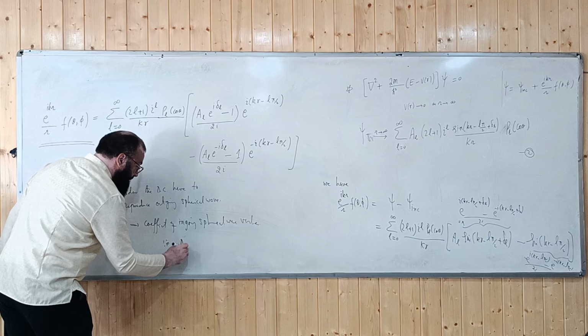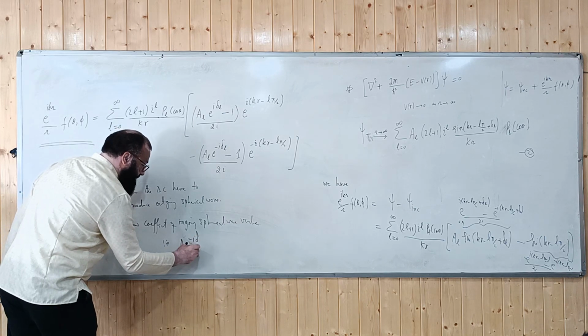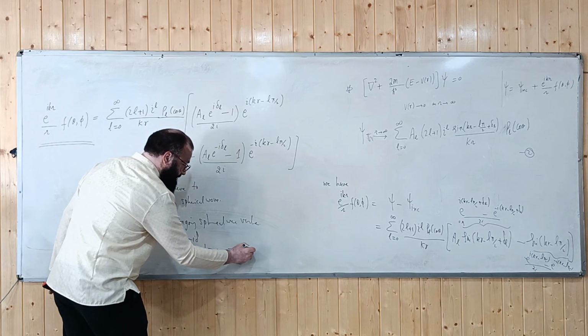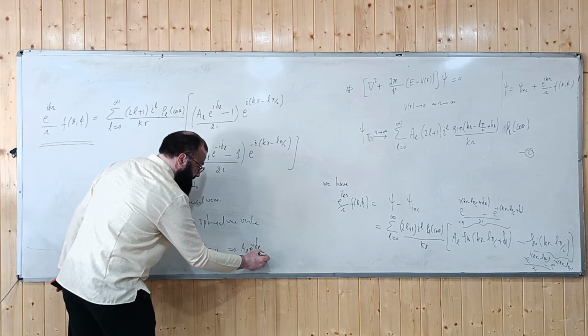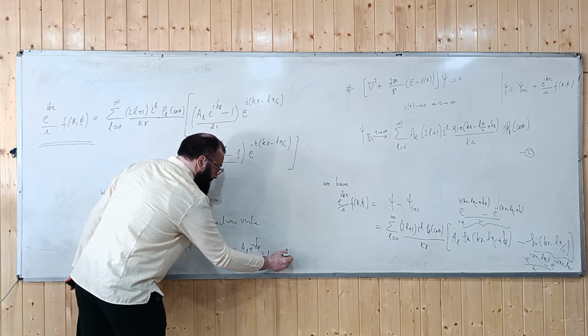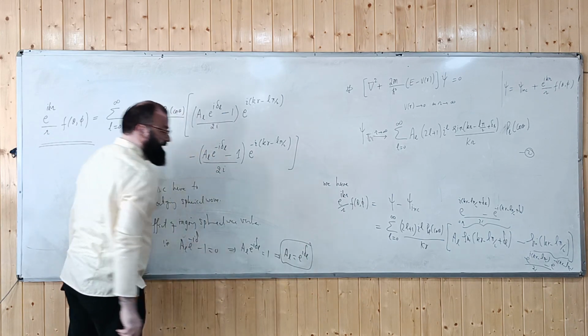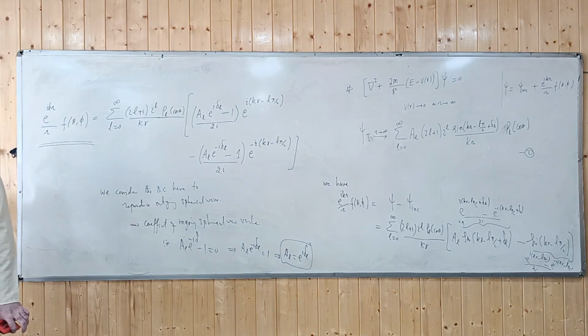So you have A_L e raised to the power −iδ_L minus 1 equal to 0. It implies A_L e raised to the power −iδ_L is equal to 1. So what it gives me: A_L is equal to e raised to the power iδ_L. Clear? So we have figured out the value of A_L.